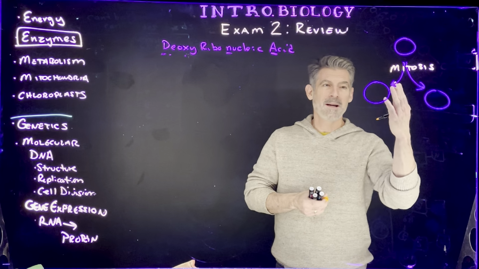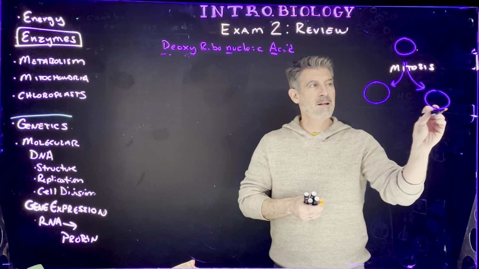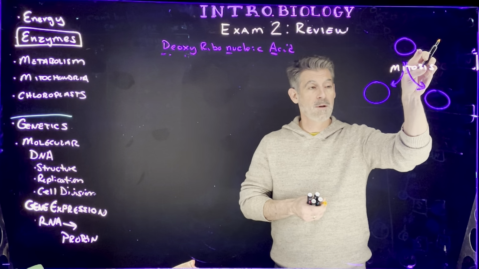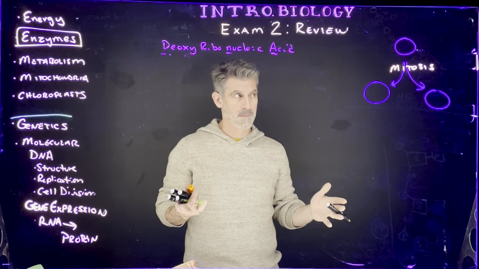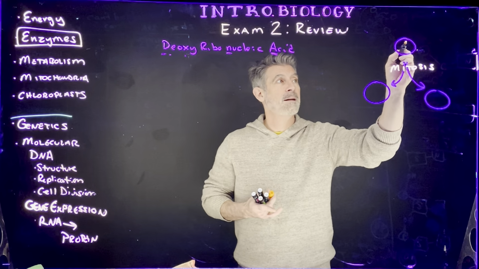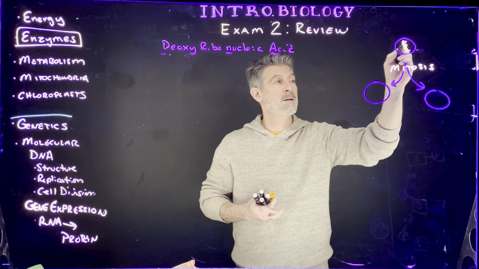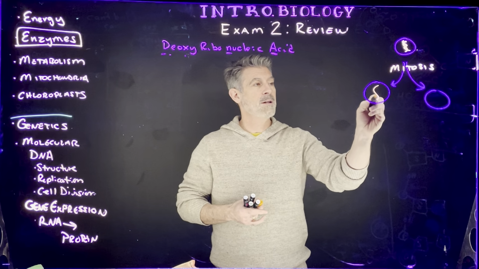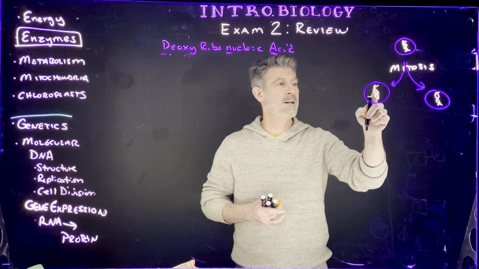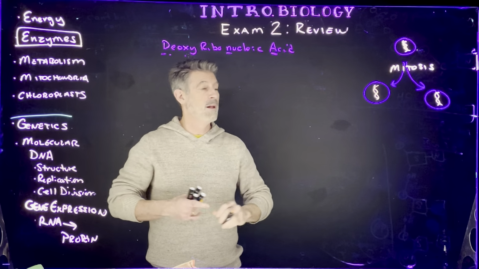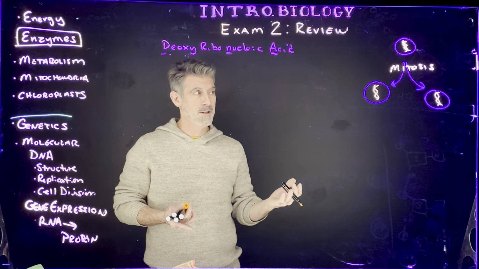Well, in mitosis, the cell that we started with and the two new cells we end up with should be exactly the same. If we have DNA in this cell, that means we have to have DNA in this cell, and that means the DNA in this cell and this cell have to be the same, not half the amount of DNA.